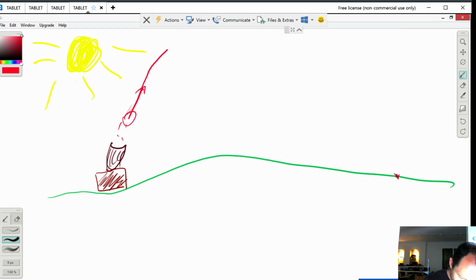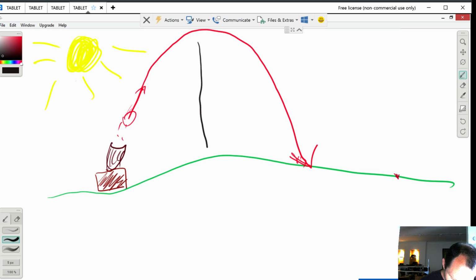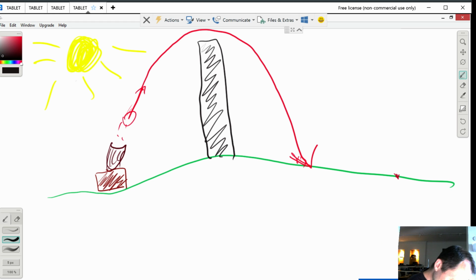It's going to arc, oh, boom, right, and hit here. And we do have a wall here. And let's say the wall is just short enough that the cannonball should be able to fit over it at this angle. This is a very gimpy wall, sorry. Wall.